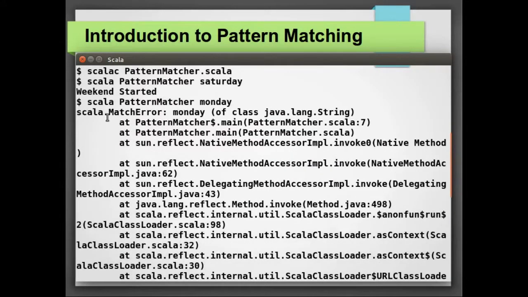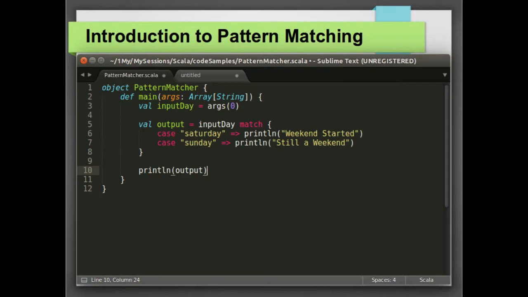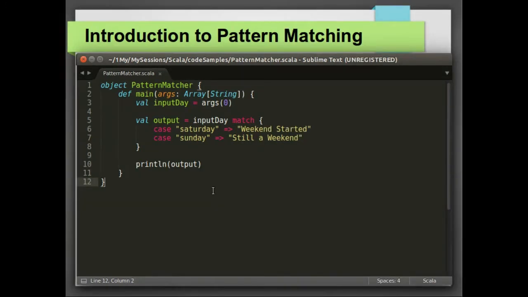As you can see, it's the responsibility of the programmer to make sure that at least one of the patterns does match. There are two ways in which we can deal with this. Both of these solutions involve specifying a catch-all case clause. The first way is using value binding, and the second way is to make use of the wildcard operator underscore. Let's have a look.